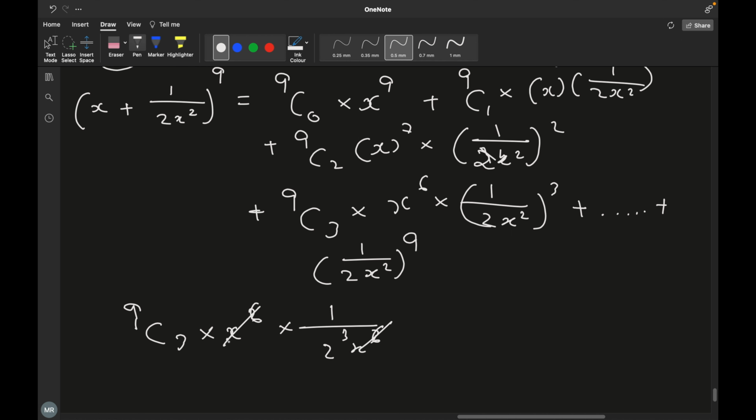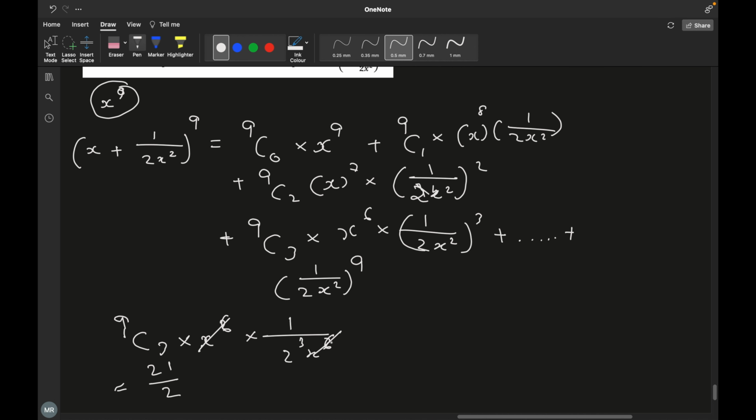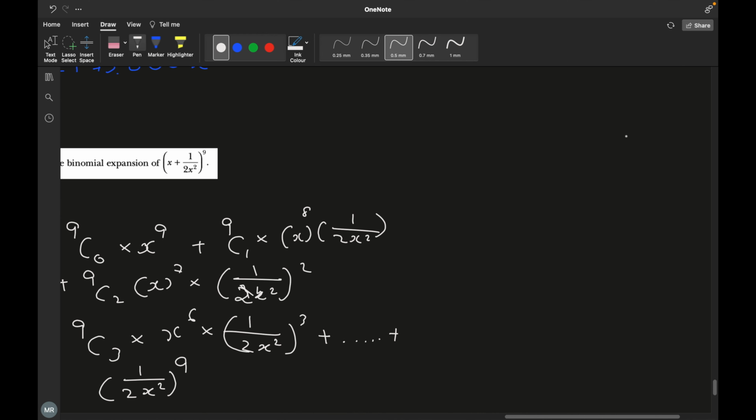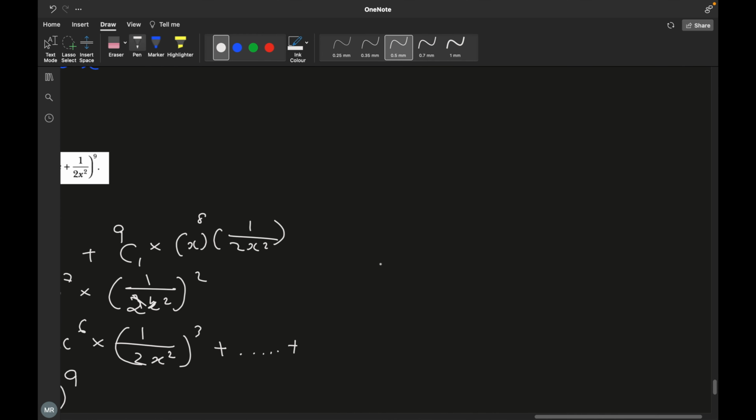These get cancelled out. Show that in the exam. That's 9C3 divided by 8. Yeah. That will give us 21 divided by 2. And that's the answer. And now if you want to do it the second method, I will show that also.